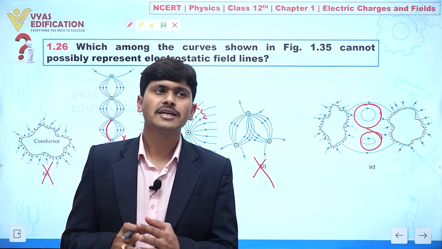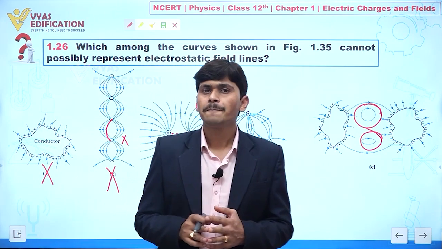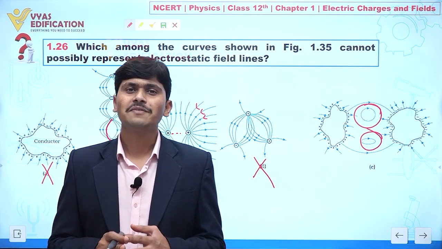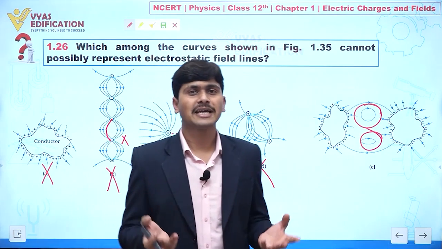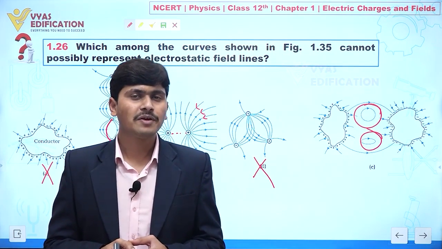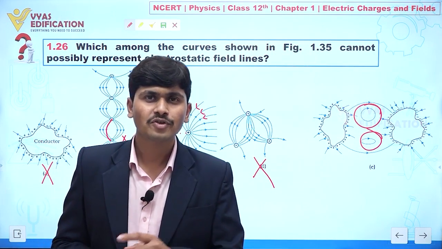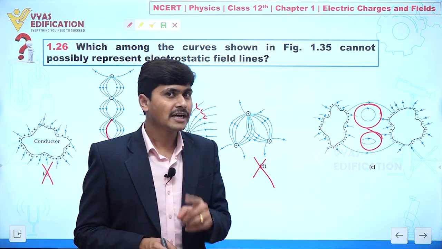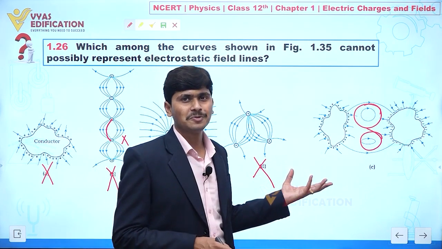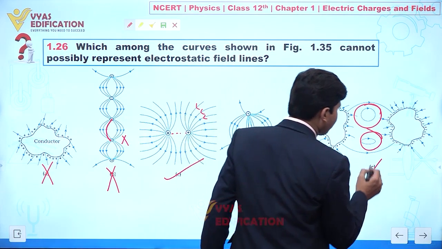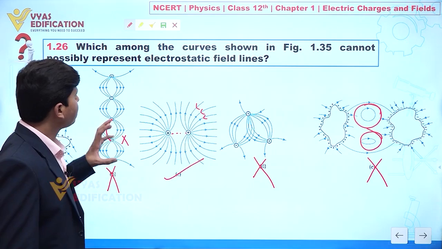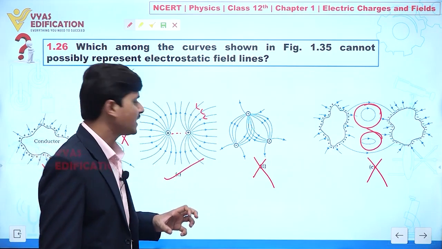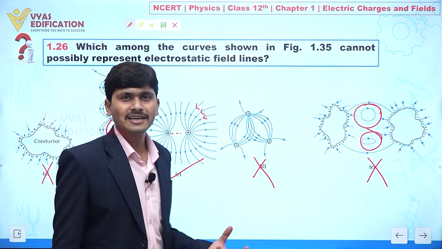You will understand this in chapter number 5: magnetic field lines start from the north pole and end at the south pole outside the magnet, but inside the magnet they move from south pole to north pole, so they form closed loops. But electric field lines never form closed loops. So figure E is also wrong. Which figure can represent electrostatic field lines? Only option C.